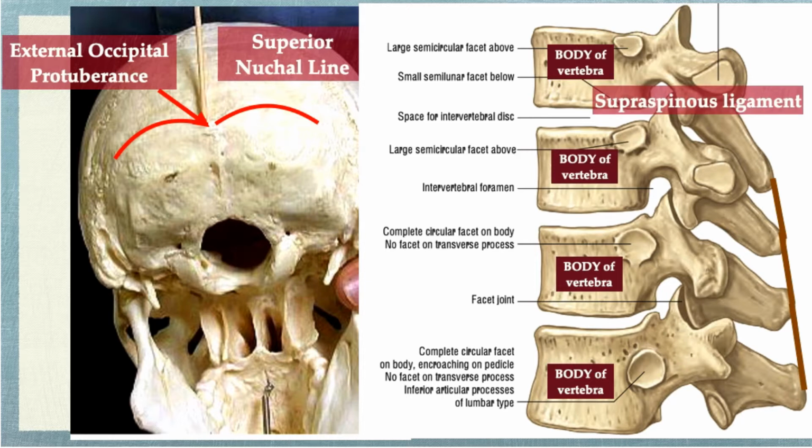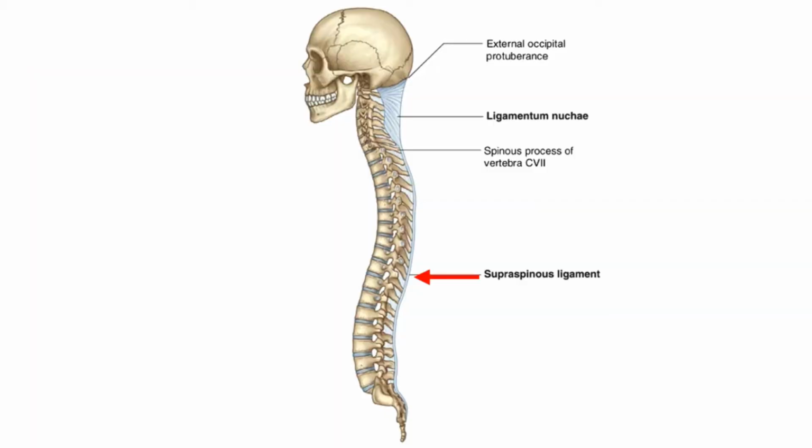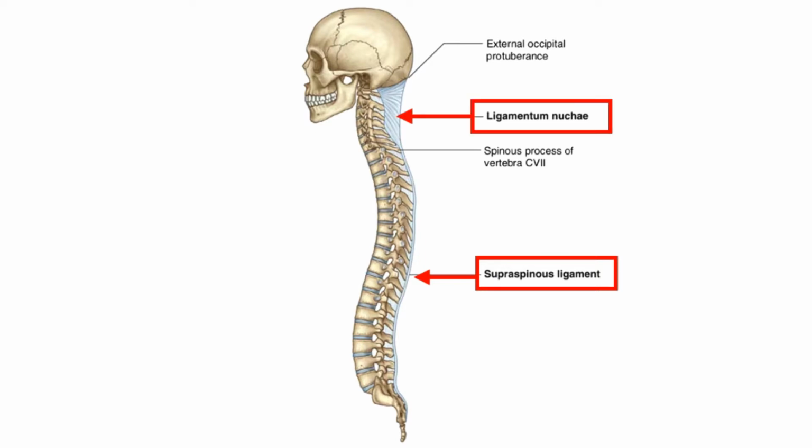The supraspinous ligament in the cervical region is replaced by another ligament which is called as ligamentum nuchae. This illustration shows here, this is supraspinous ligament which connects the tips of the spinous processes, and in the cervical region, the supraspinous ligament is replaced by ligamentum nuchae. So you are familiar with the terms external occipital protuberance, superior nuchal line, ligamentum nuchae and supraspinous ligament.